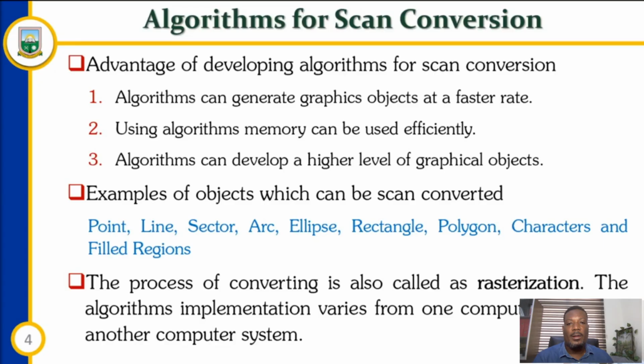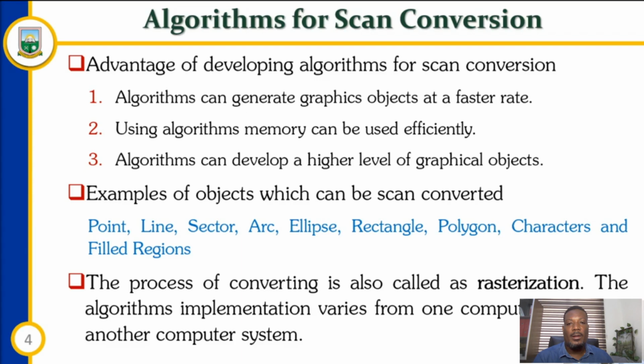The second reason is that most of the algorithms being used allow memory to be used efficiently in scan conversion. The other is that an algorithm can produce high level graphical objects. So when you use an algorithm, you also have the chance of getting very high level graphical objects created.